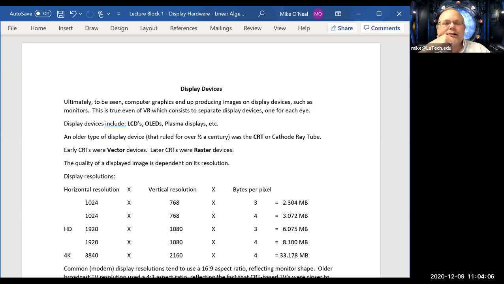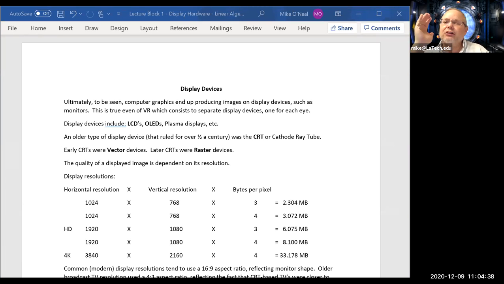So we're going to talk just a little bit briefly about display devices, and the reason for that is even though we're going to be focused on three-dimensional computer graphics, eventually those 3D graphics have to be converted into 2D images on flat displays.